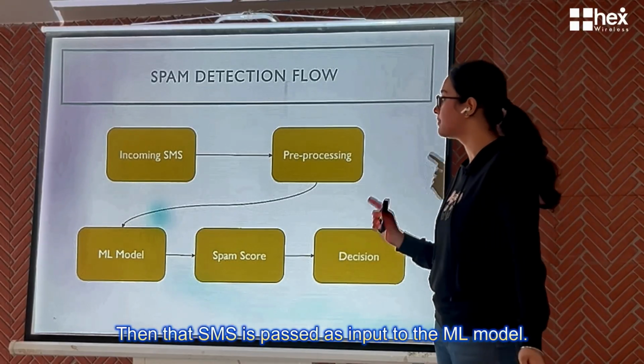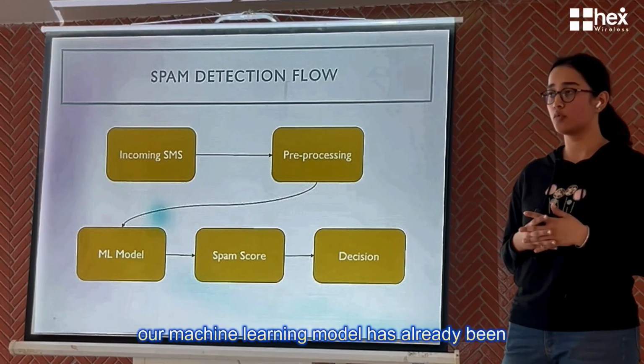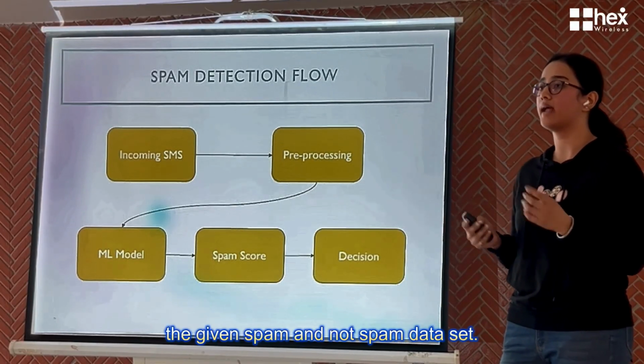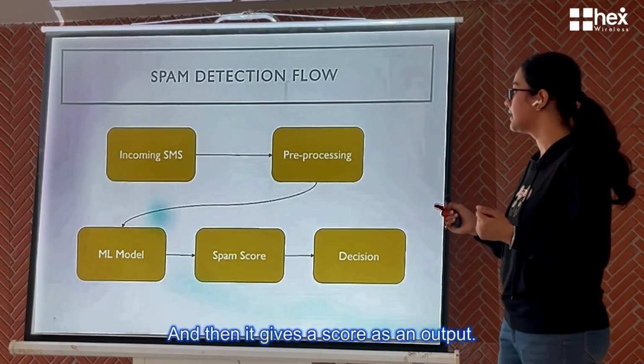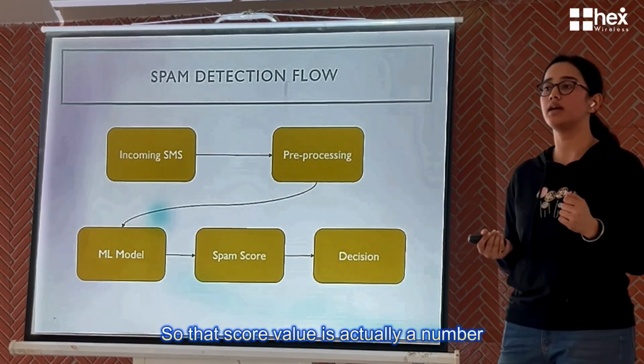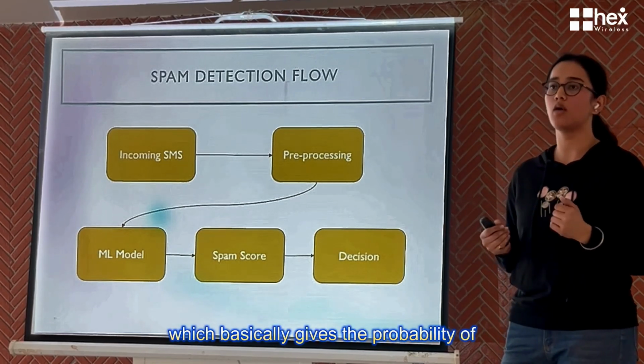Then that SMS is passed as input to the ML model, which has already been trained on the given spam and not spam data set, and it gives a score as an output. That score is a number between 0 and 1, which basically gives the probability of the SMS being a scam.